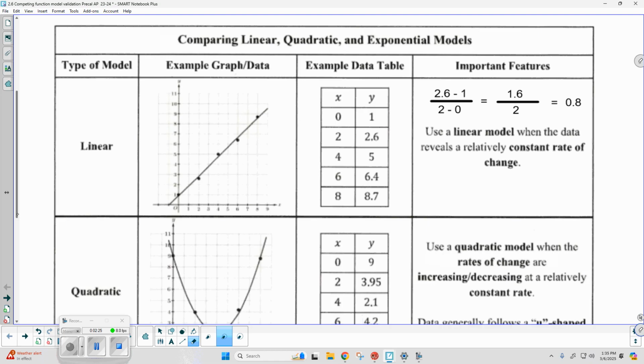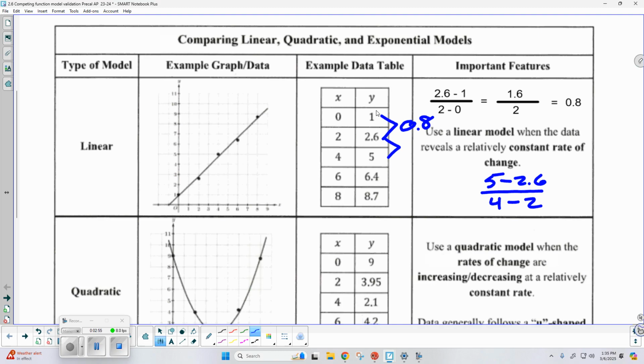I've already started taking a look at this. The first 2 ordered pairs, (0, 1) and (2, 2.6), you'll notice I've already found the slope. The difference of the y's over the difference of the x's, so that's 0.8. Let's try the next pair of coordinates. So (2, 2.6) and (4, 5). So this would be 5 minus 2.6 over 4 minus 2. Somebody help me out with this.